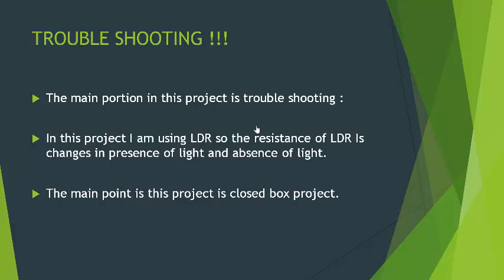So the main point in this project is that it is a closed box project. We have to make it in an enclosed way, because if the angle of the falling light changes, then the resistance of the LDR also changes. So we have to keep this in mind also.